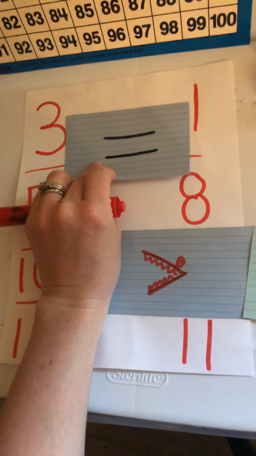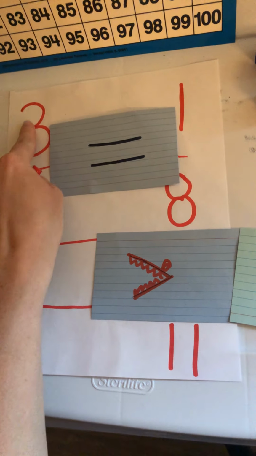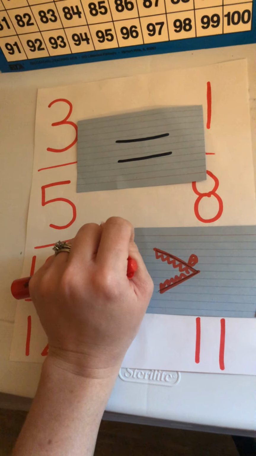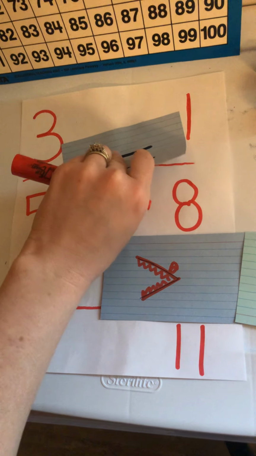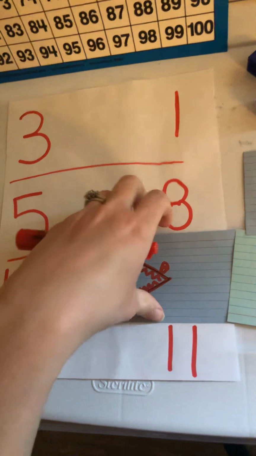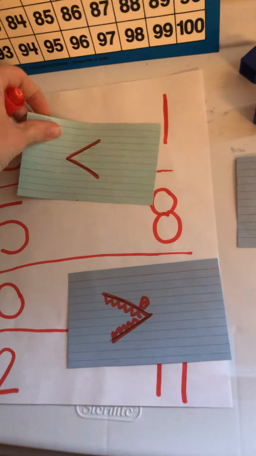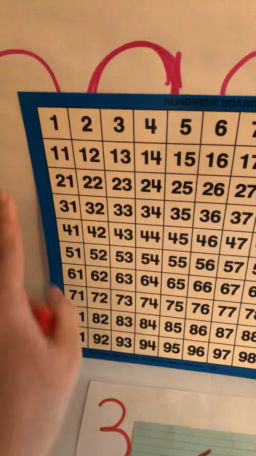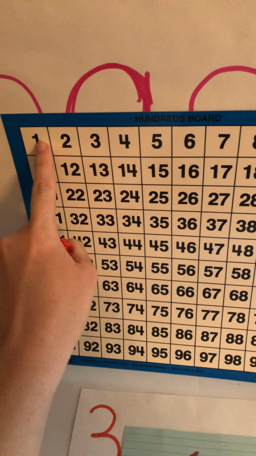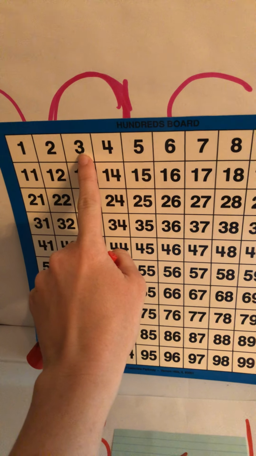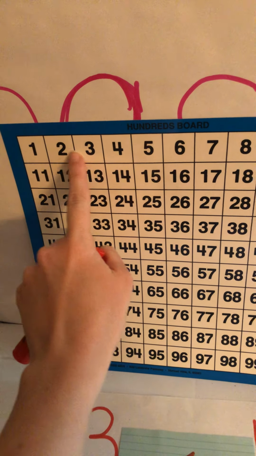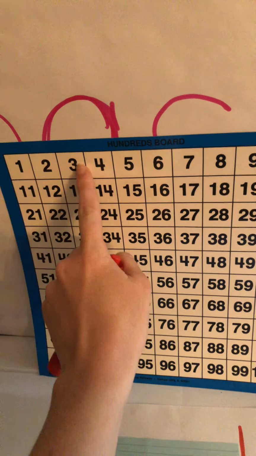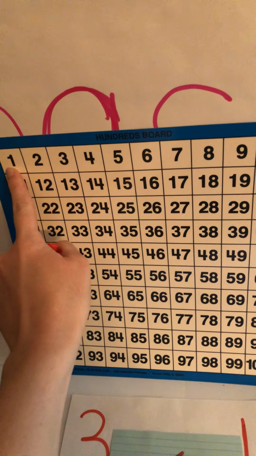Well, we know that they're not the same, because if they're the same, we would have a 3 and a 3. So they're not the same. We have a 3 and a 1. Would my 1 be bigger than my 3? Let's look on our numbers chart just to make sure. We have our 1 right here, and then we have our 3 right here. It looks like my 3 is bigger than my 1.